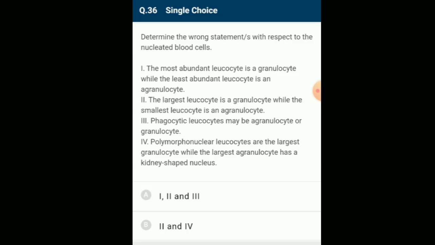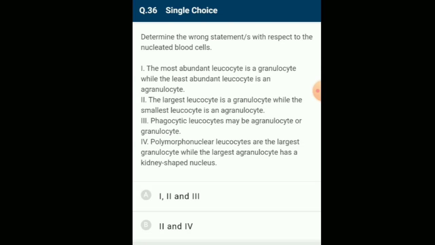The largest leukocyte is monocyte, an agranulocyte, while the smallest leukocyte is lymphocyte, also an agranulocyte. Phagocytic leukocytes are neutrophils, a granulocyte, and monocytes, an agranulocyte.